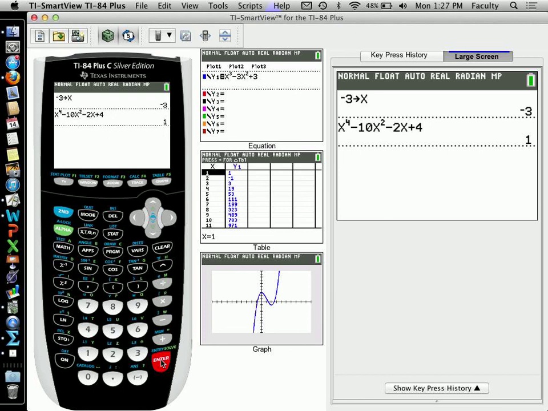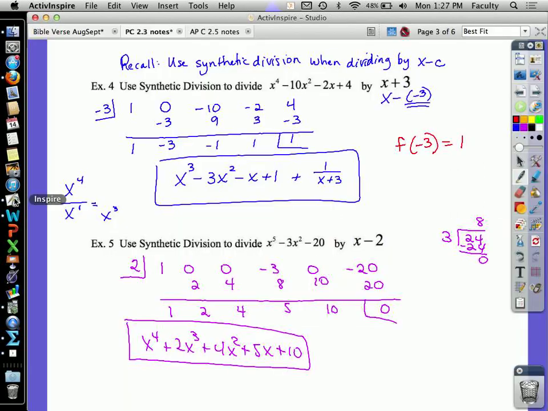So the remainder theorem is actually very, very powerful, and it's giving us an alternative to plugging in negative 3 for the x's and evaluating it. See how easy synthetic division is versus plugging in negative 3, yuck, yuck, yuck?